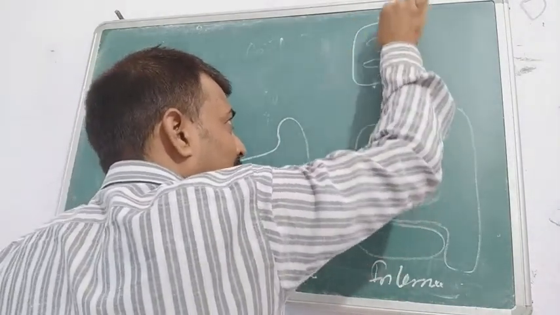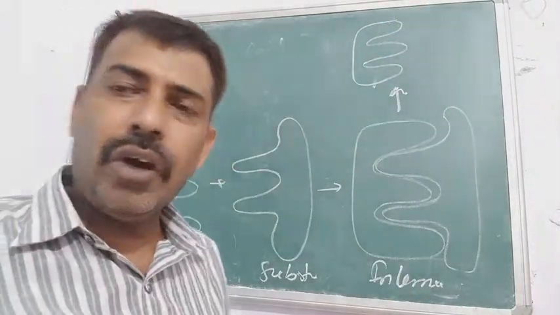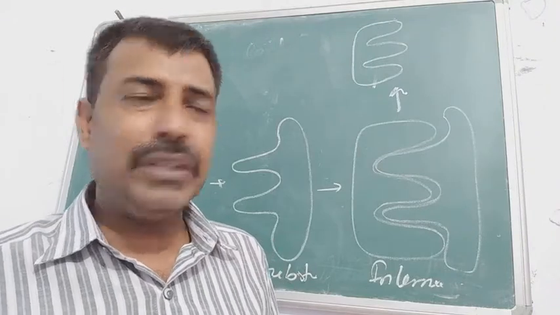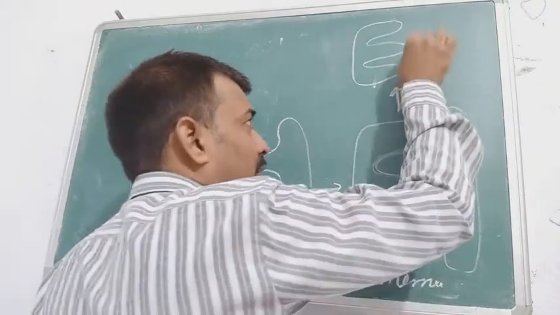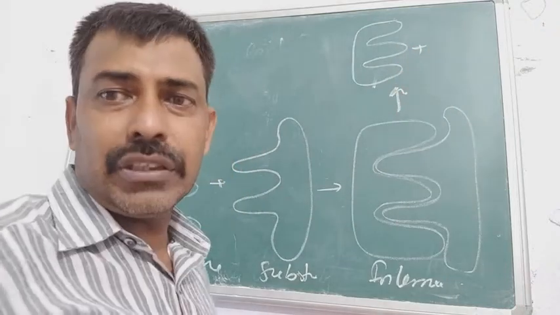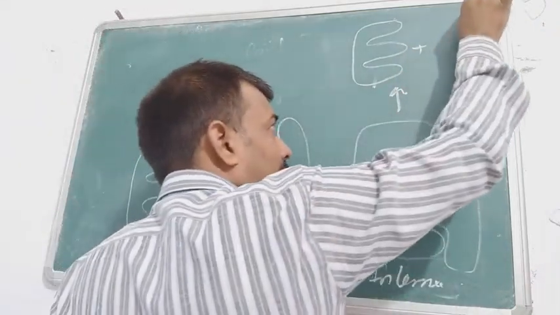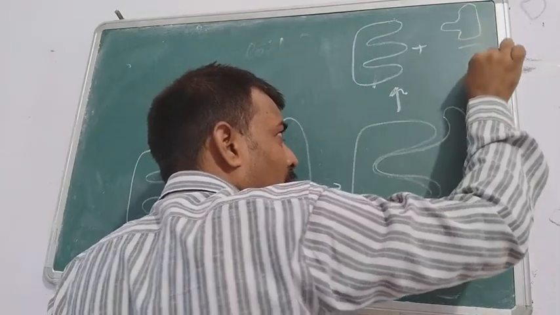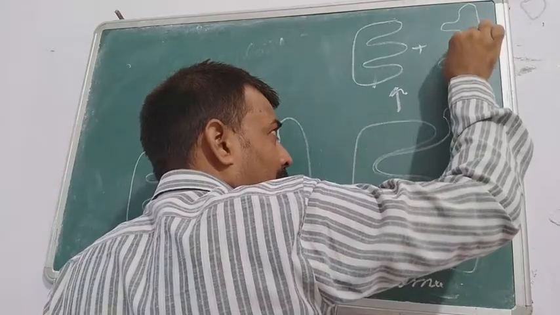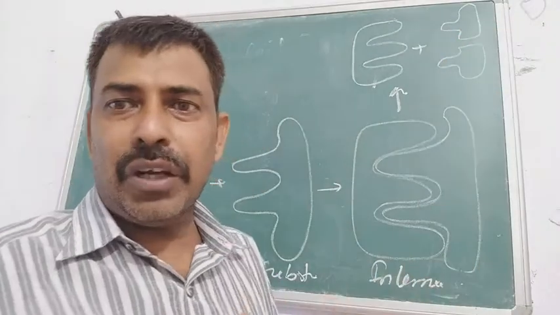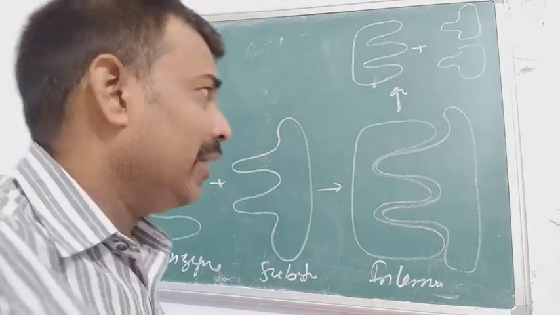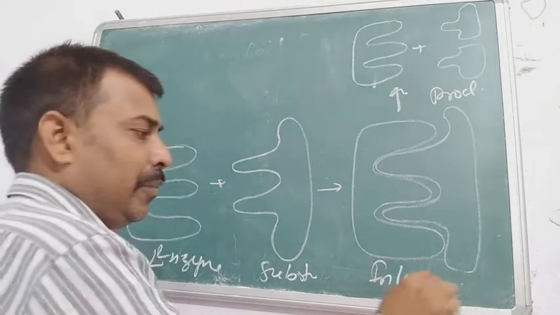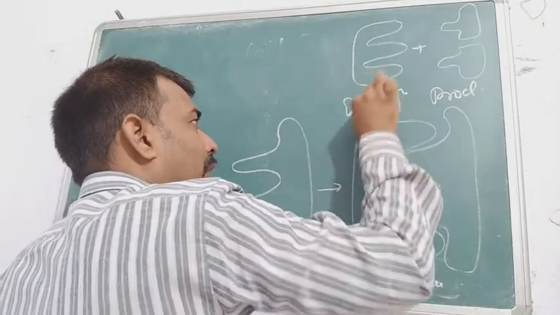You know well that the catalyst remains unchanged before and after the reaction, so the amount of enzyme remains the same. I am trying to explain a dissociation reaction. The dissociation will take place and your product will be somewhat like this one. So in this way the reaction proceeds. This is the product, this is the intermediate, and this is the enzyme again.